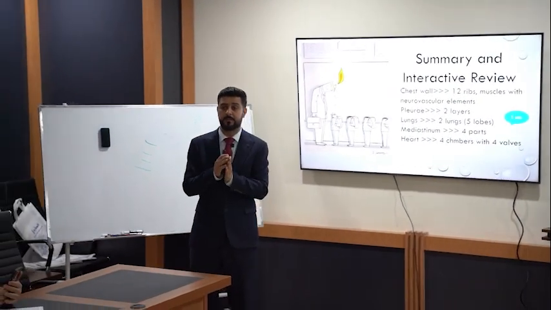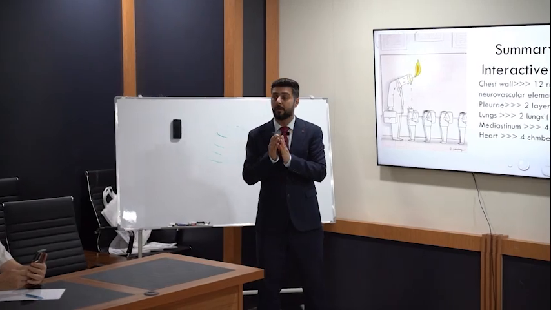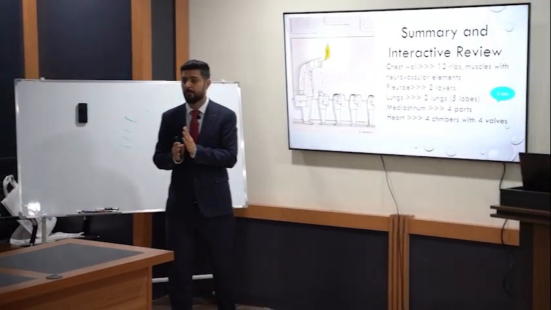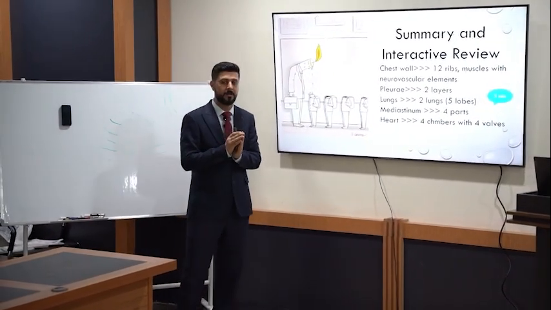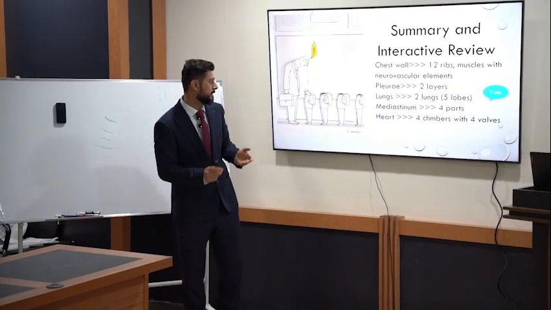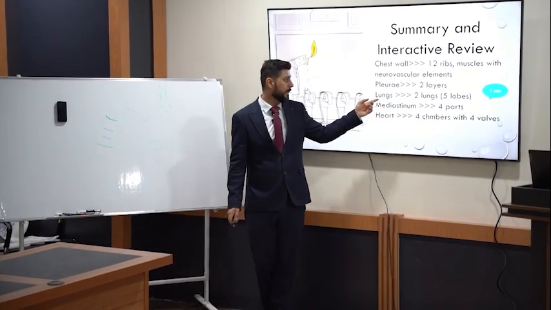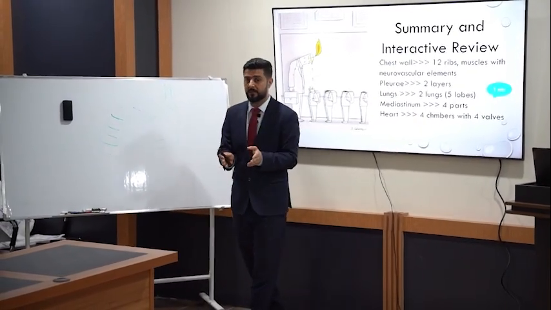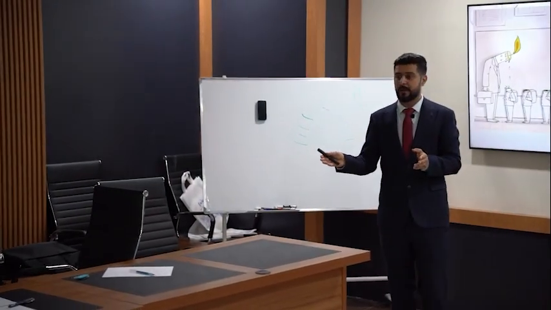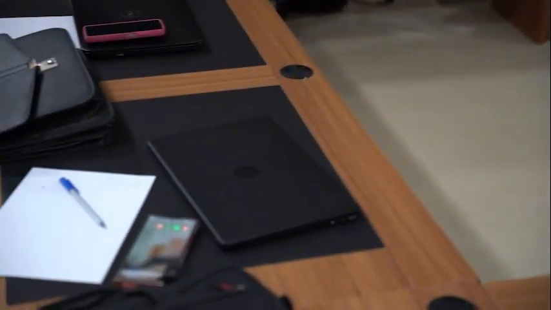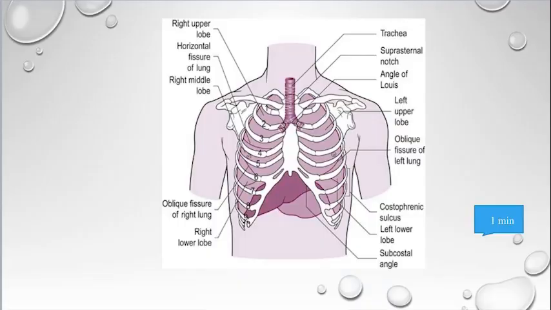In between there is a small amount of fluid that allows smooth movement during inspiration and expiration. The lungs are 2, right side 3 lobes and left side 2, making 5 lobes. And the mediastinum is composed of 4 parts: superior, anterior, middle, and posterior.